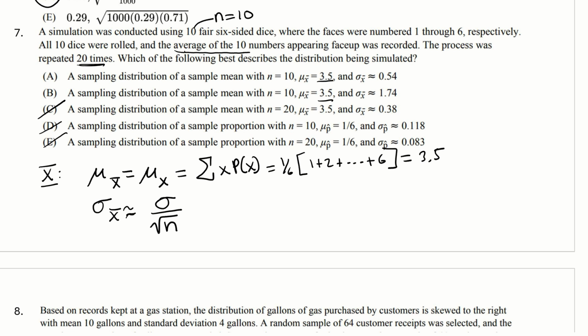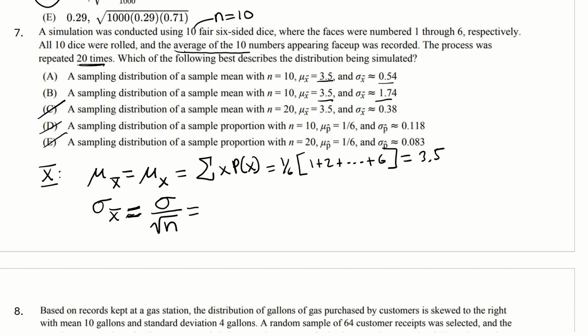But we're just going to say that it's approximately equal. We're just going to round it anyway. Yeah, let me just put equals there, because in the formula sheet we have equals. So this is the parameter of the sampling distribution. It's going to be equal, but we're just going to approximate it because it's going to be a decimal anyways. So it's got to be one of those two.